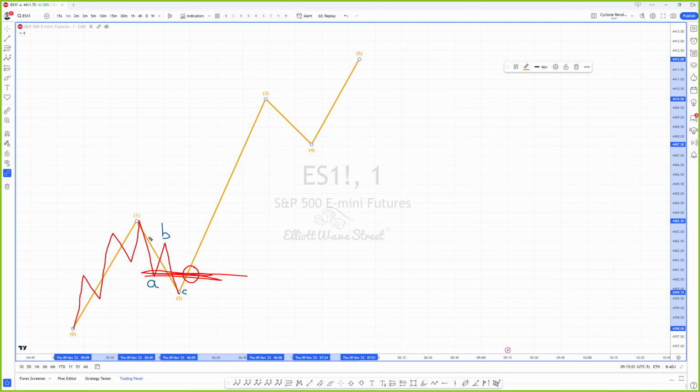ABC for the second wave is slow. There you can use your indicators. If you like to use a MACD or an RSI or a stochastic, whatever, look for divergence between A and C. If you don't like to use indicators, just visually start checking the speed. We're going to check some exercises today, of course, in the real markets, but this is just the foundation.